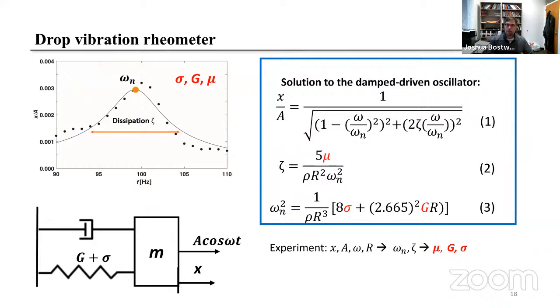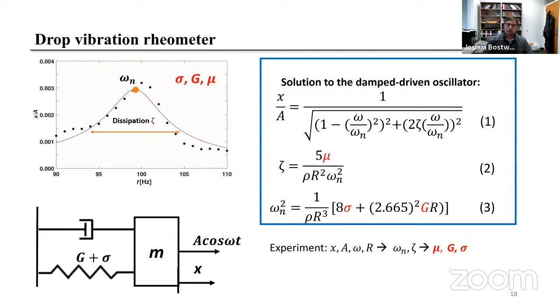For the damping parameter zeta, we associate this damping parameter with the dissipation of the Rayleigh drop mode, which scales with the fluid viscosity, the size and the density in this way.